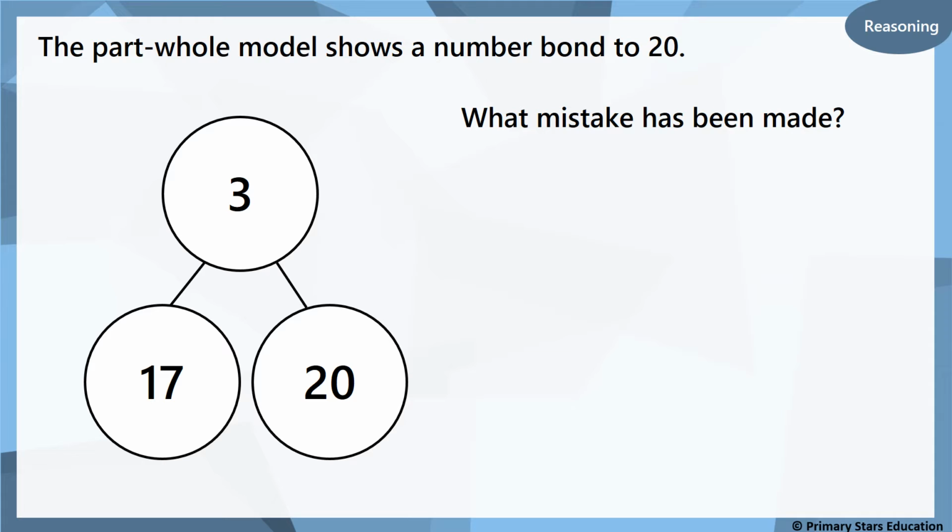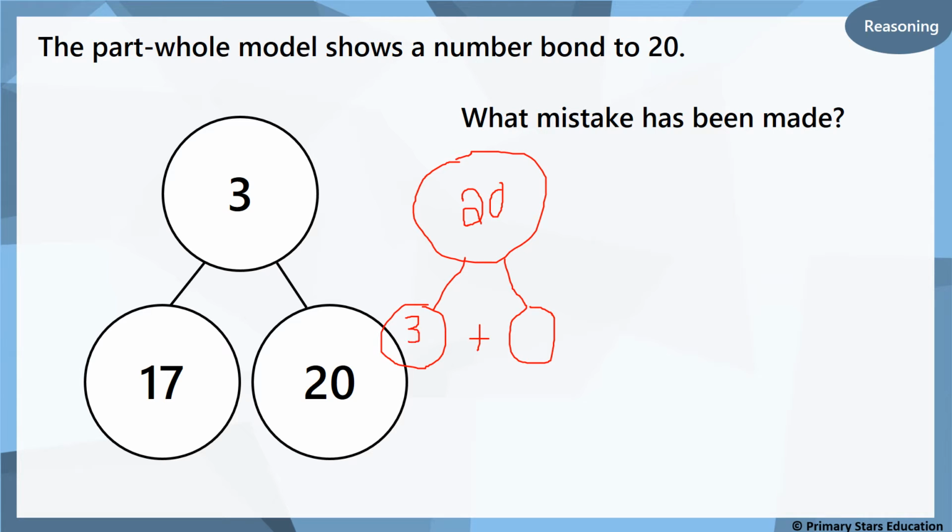So it needs to look a little bit like this, doesn't it? 20 needs to be here with the two lines coming out to show that those two circles add together to make 20. So we need to have 3 and 17. And then 20 is our whole.